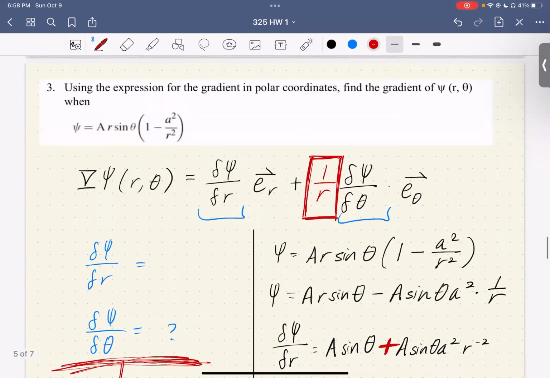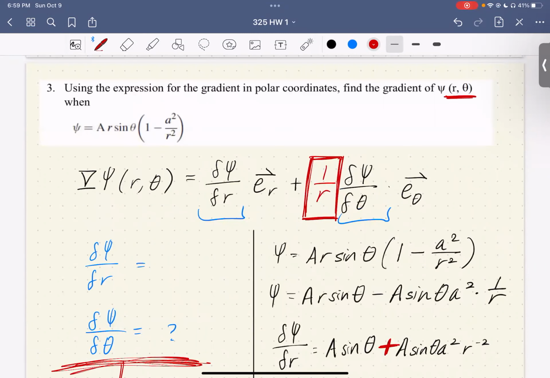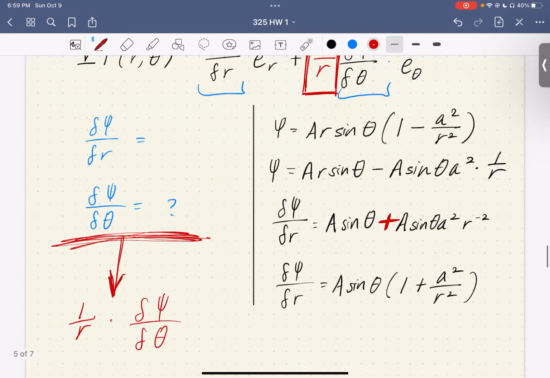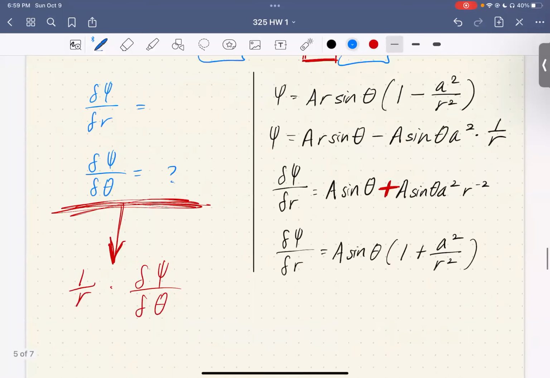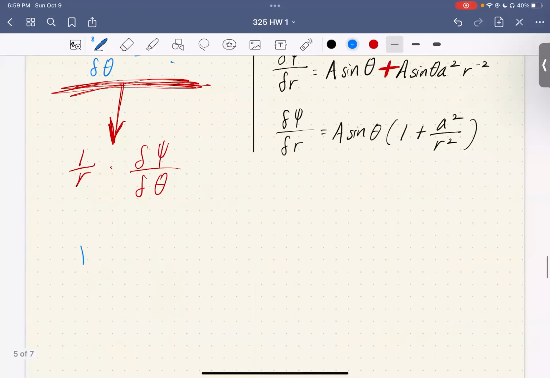Then, because the question is asking for the gradient at this point, which is also the same thing as asking for the gradient of phi at x, y, it's not a specific point. So it's just asking for that general expression. Your answer should be right up here. Let me write it out down here, just so it's clear.